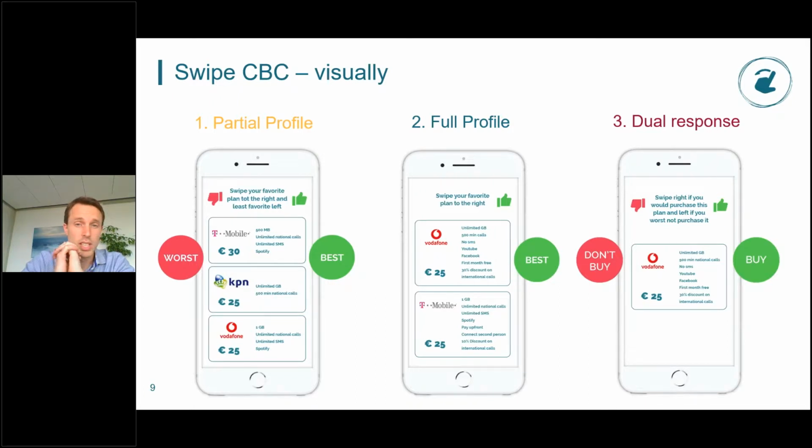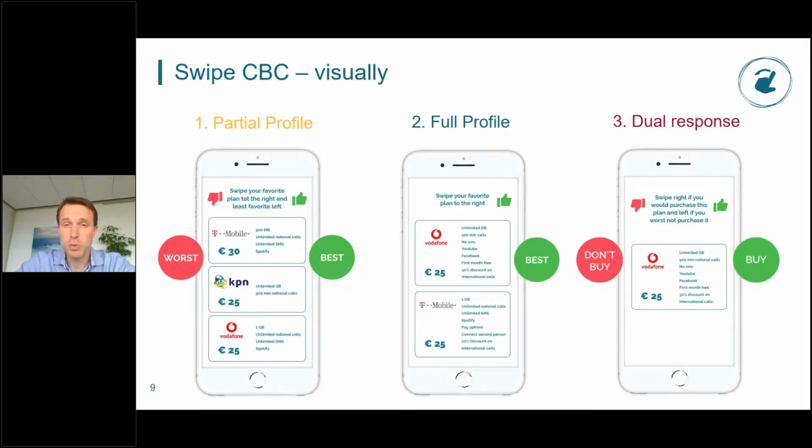But still, in case you have more than 6 attributes, you can use partial profile, but then we said we want to do some full profile as well. So here in the second example, there are only 2 concepts on the screen, and we just ask the respondent, can you please select your best?